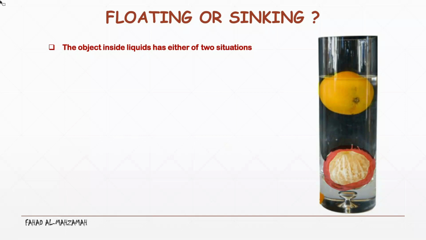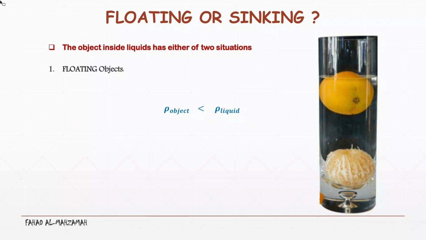Well, the first situation is the floating object, and there is one condition: the object can float when the density of the liquid is greater than the density of the object.